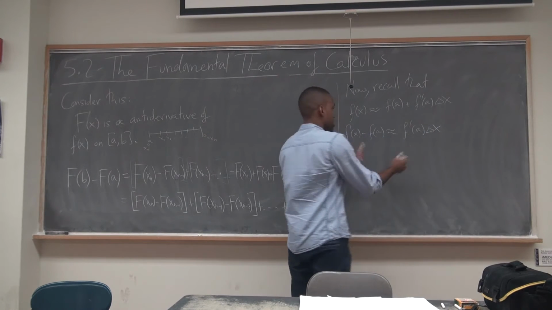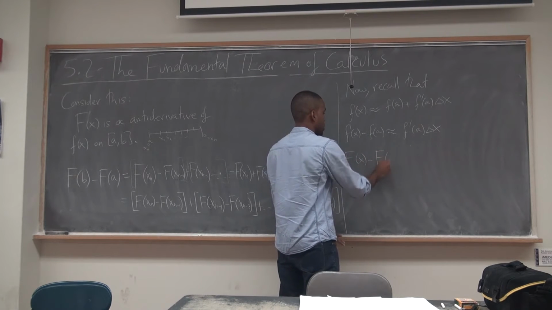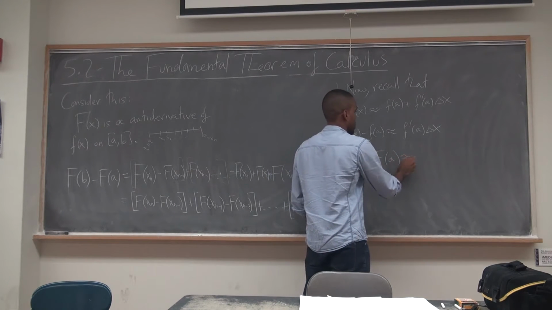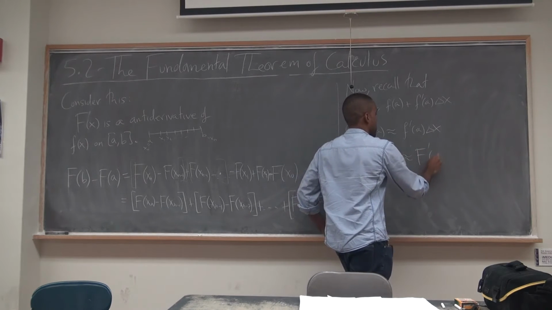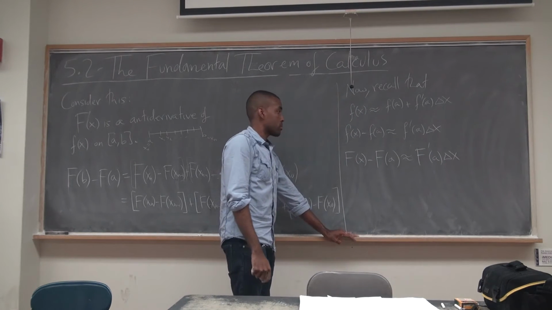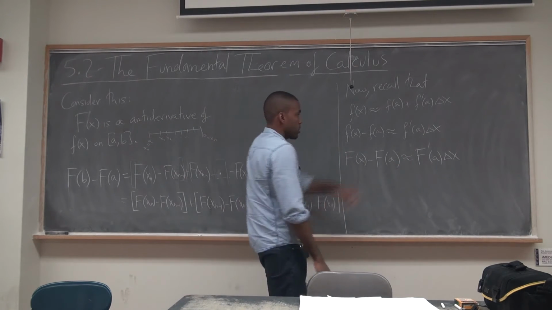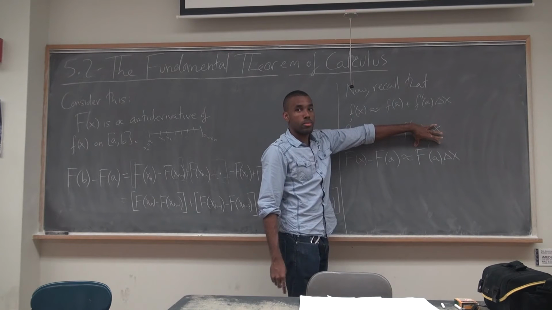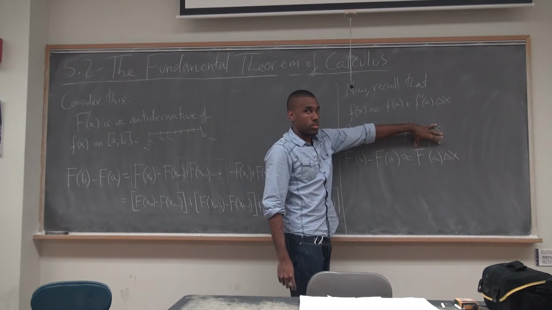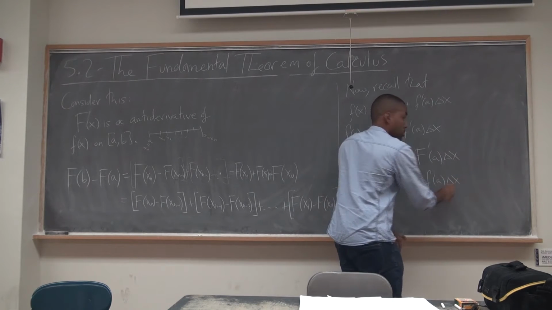So this would apply to big F, right? If I apply the linear approximation formula to big F, that would be true. But since big F is an antiderivative of little f, what is big F prime? It's just going to be little f, right?